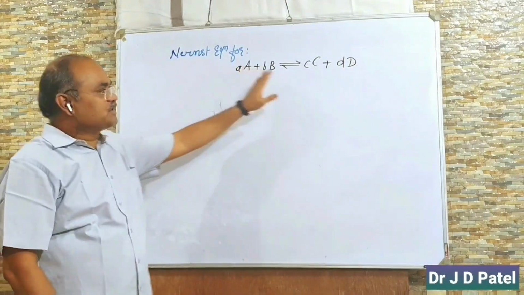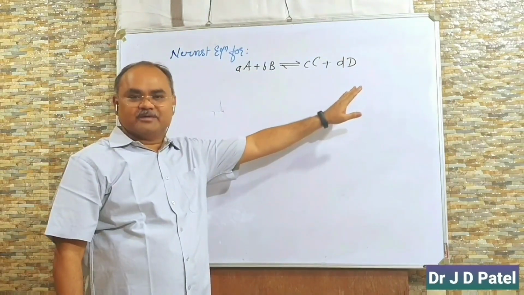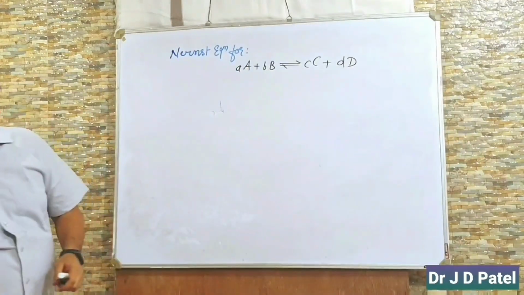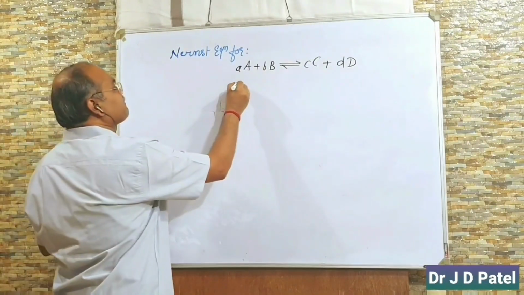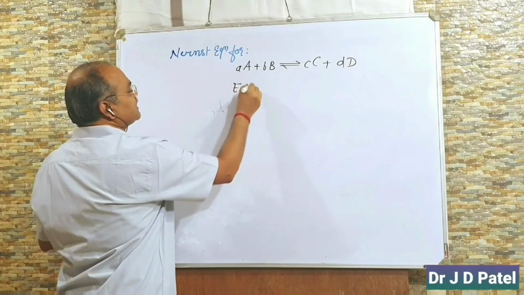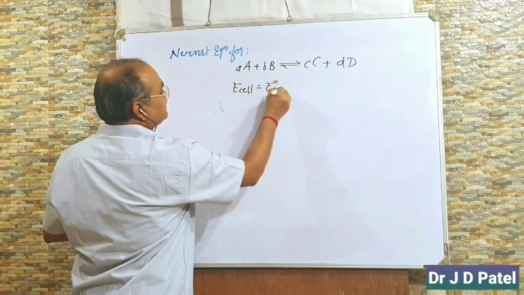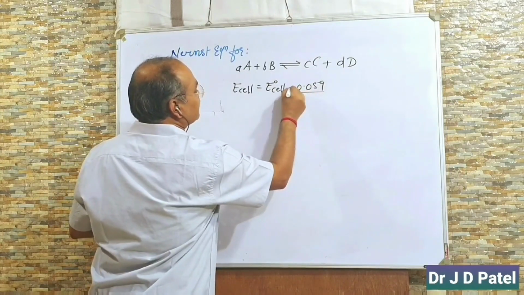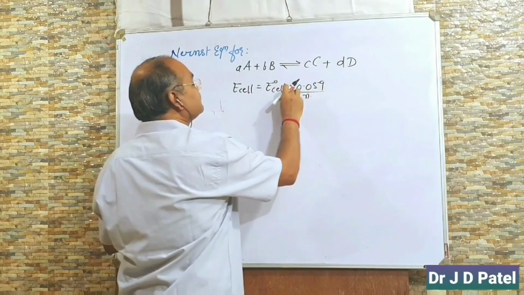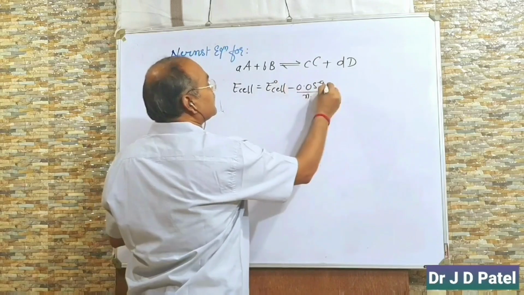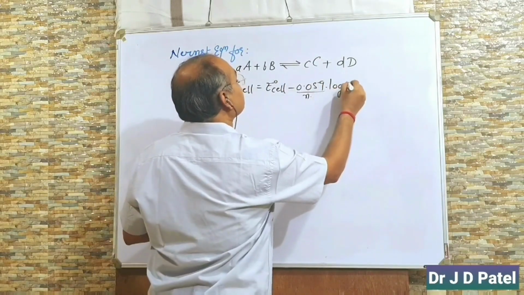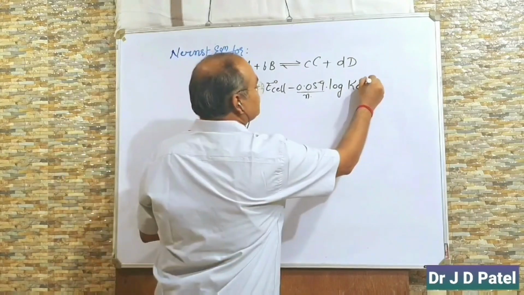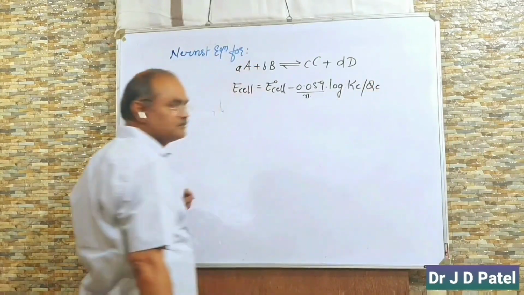Now, for this type of reaction, you can write the Nernst equation as E cell is equal to E0 cell minus 0.059 by n into log of Kc, or you can say Qc, right? Reaction quotient or equilibrium constant.